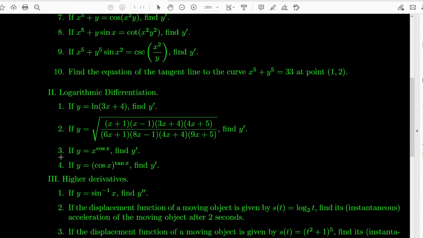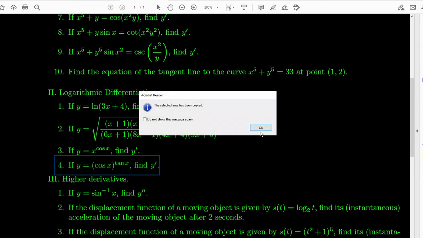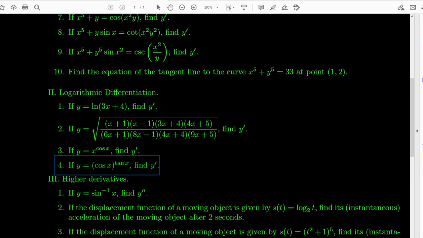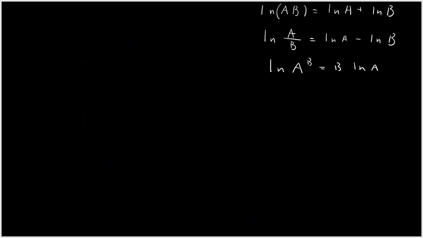So how about we just do question 4? We do not need too many bridging questions, so we just do question 4. For question 4, the only way you can differentiate the function is to use the new method. I'm trying to say you cannot use the power rule, because the exponent is not a constant.